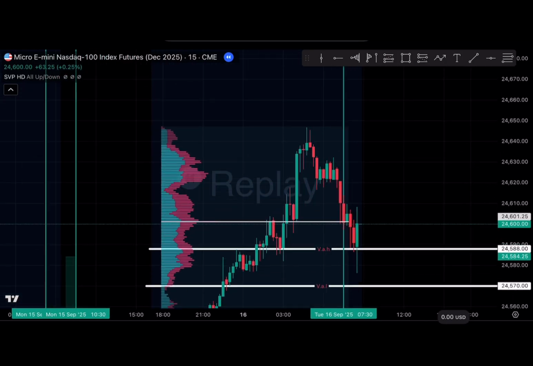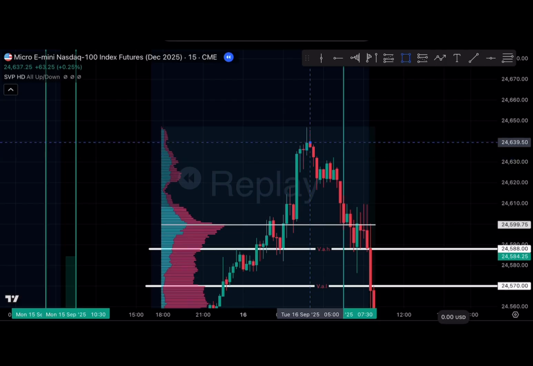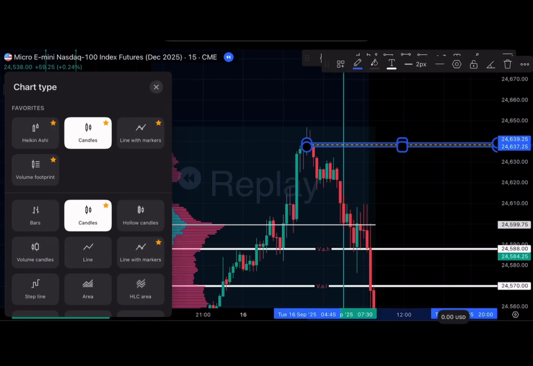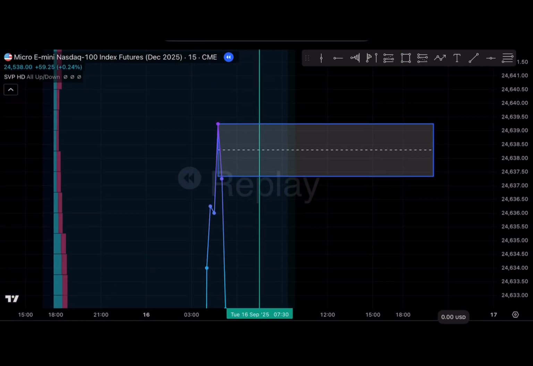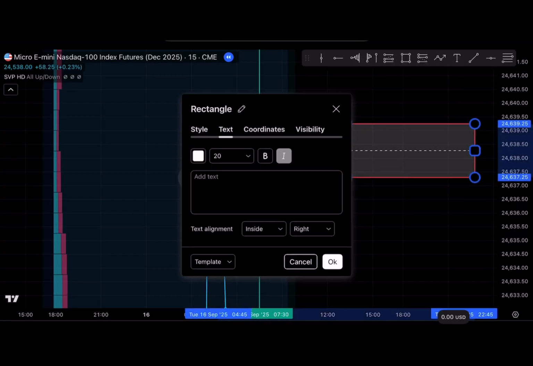But by the time it's 8:30, I'm aware that we have this P node zone right here. So this is already shaping up to be my external zone.